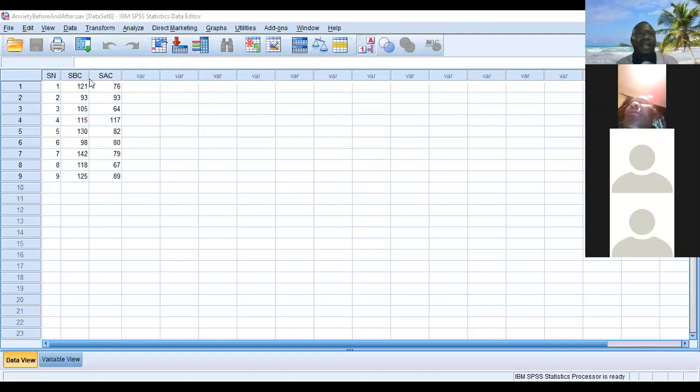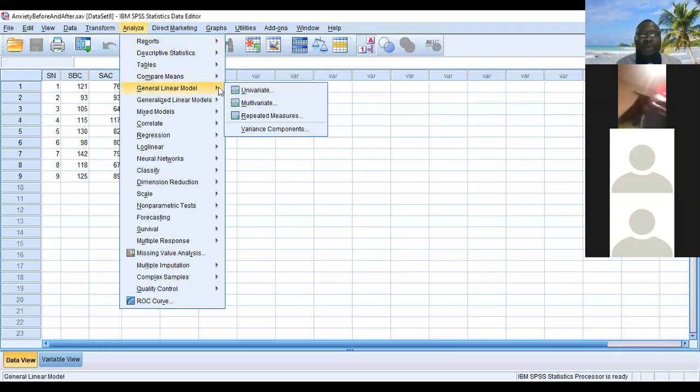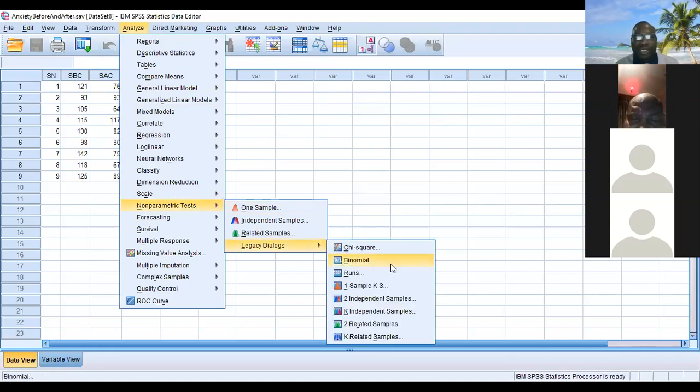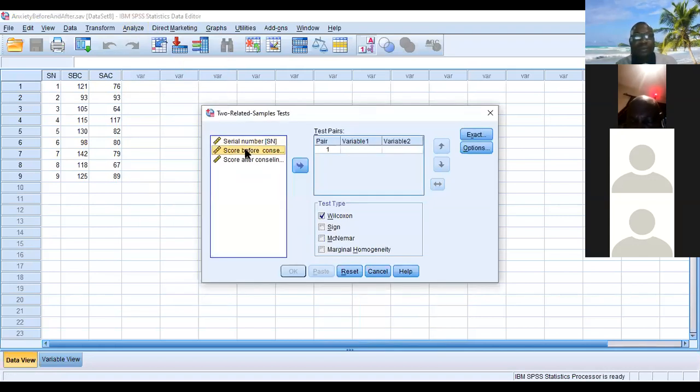So yesterday we compared this, and now let's use the non-parametric counterpart to run the same thing. That's two related samples. So we select sign and Wilcoxon.